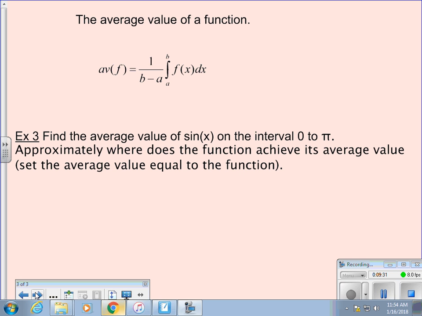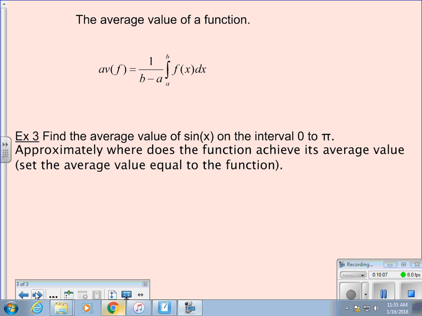If my function is how many miles I've traveled, okay, let's change it. If it was my speed, miles per hour, and I had a function that described my particular speed at a particular time, how fast am I moving at a particular time? If I want to find my average speed, I integrate that function and then divide by the time I ended minus the time I began.